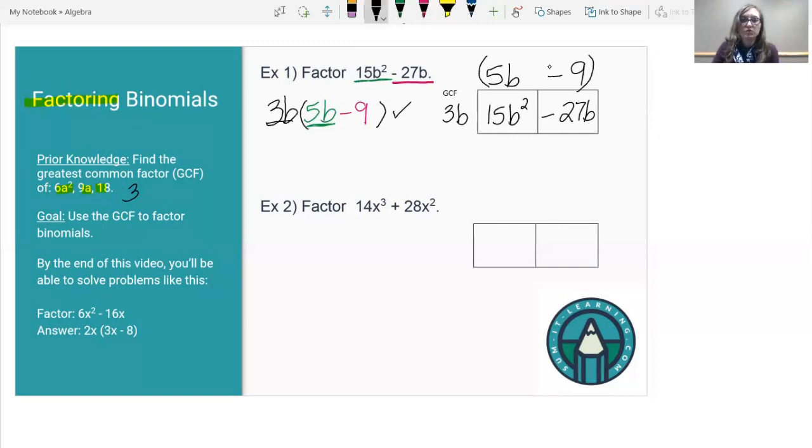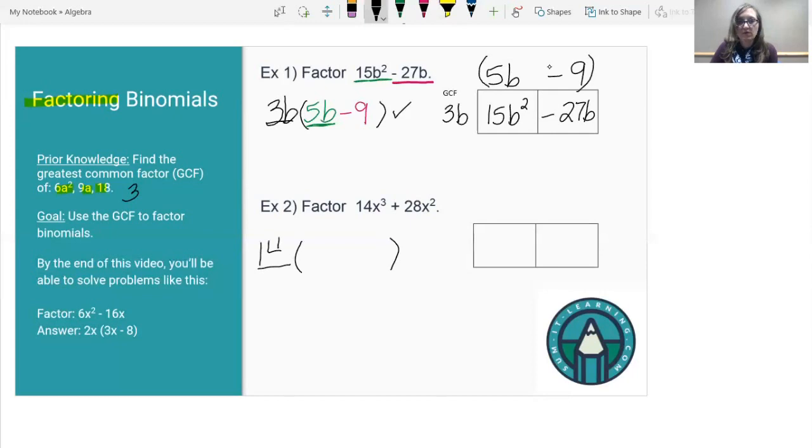So for example 2, we have 14x cubed plus 28x squared. So the first part is figuring out what number goes into both 14 and 28. And we want to make sure we choose the greatest common factor. So here, you might think, oh, 7 goes into both of them, which it does, but 14 actually goes into both of them.